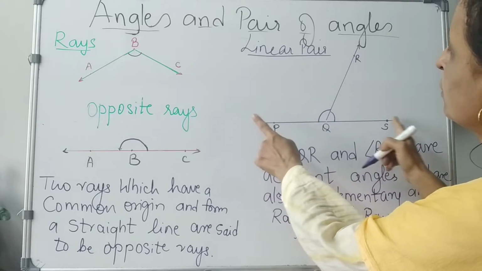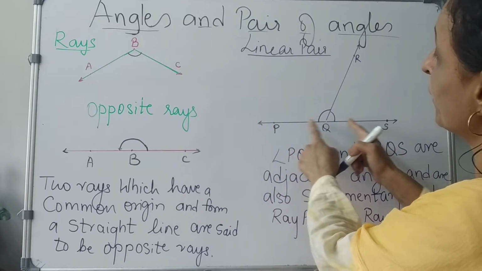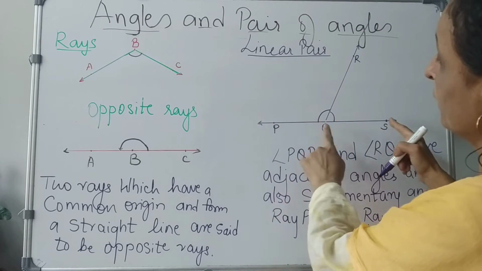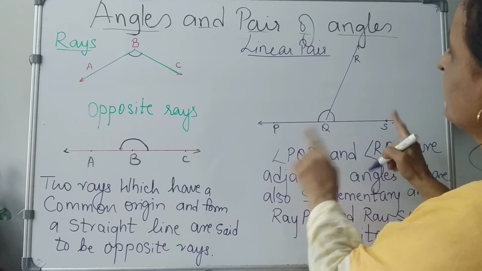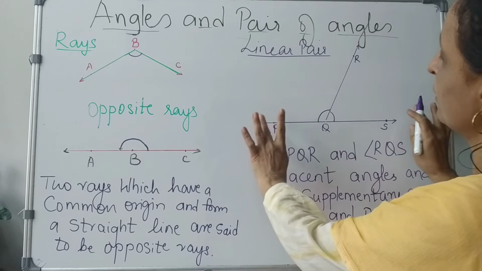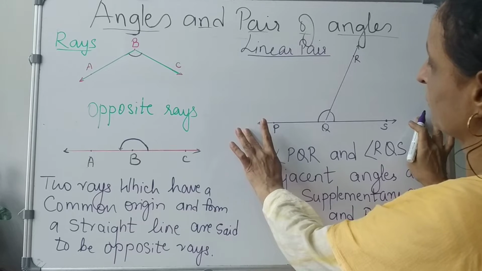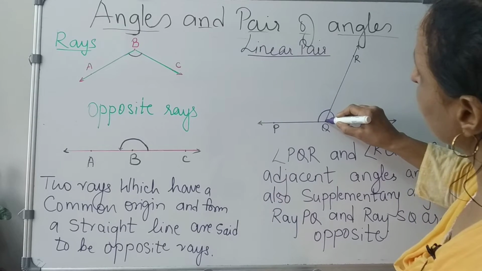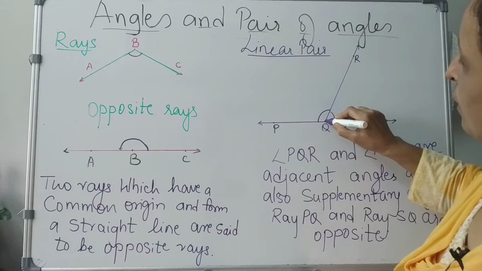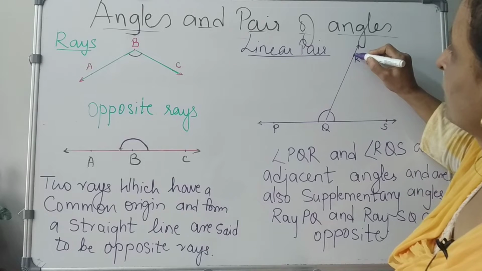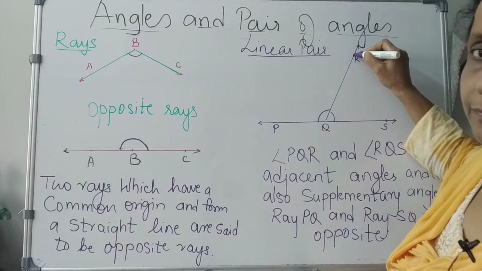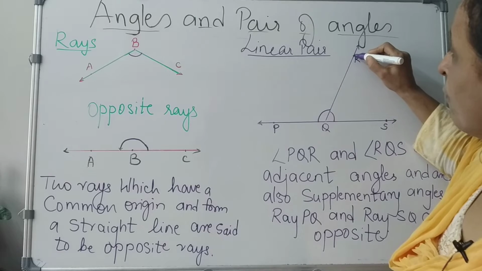These two opposite rays QP, QS have become a line. So this is a line and the rays are opposite. Now from the point of origin Q, there is another ray, QR.